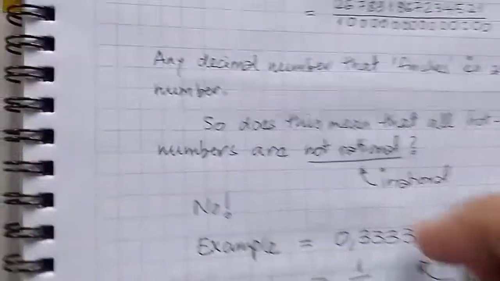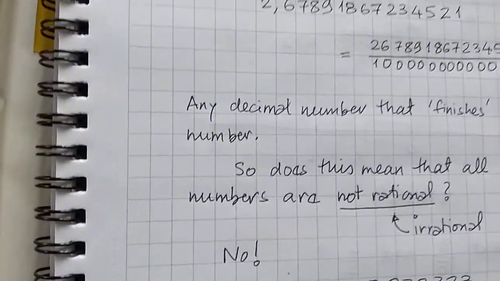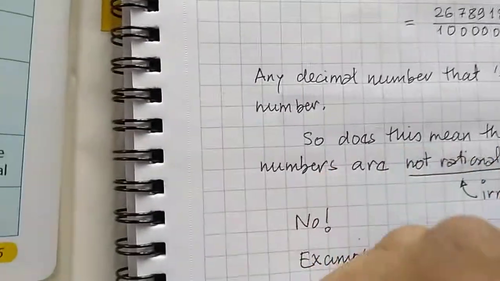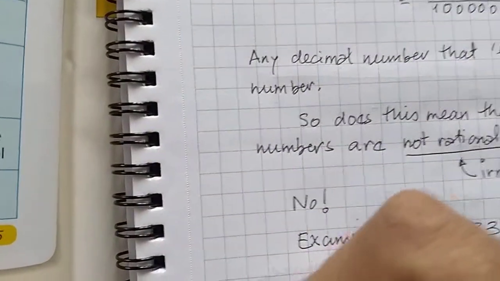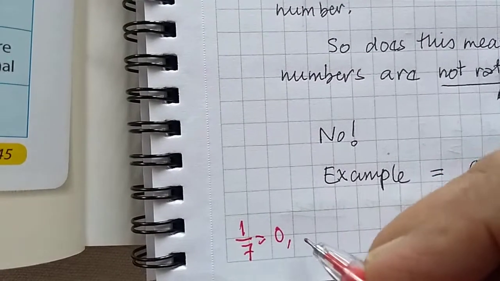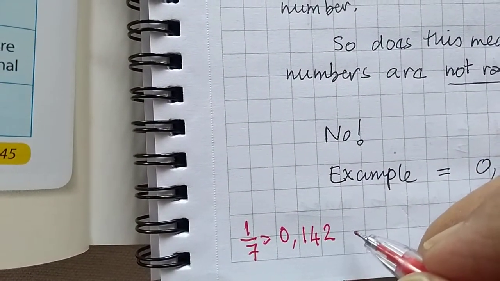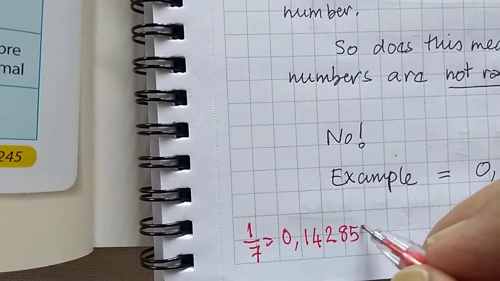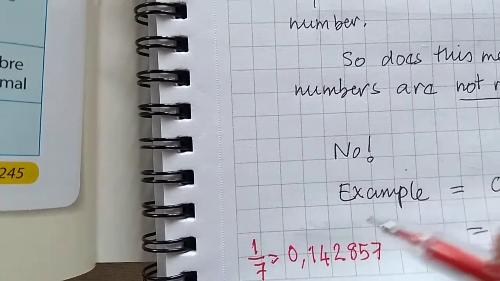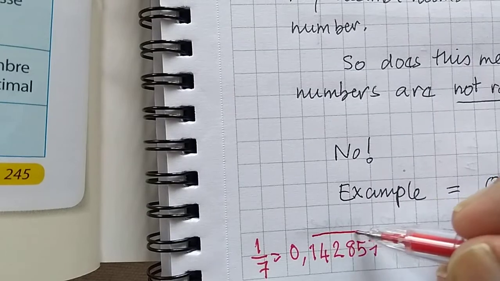So if I write it in the way you've been taught to write, I'll have to write it in the corner here. I'll write it in red. It will be 1 over 7 is equal to 0. Not easy to write. 857 and I draw a line on top of this.